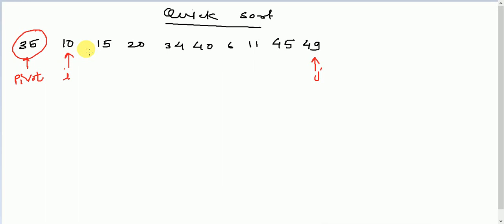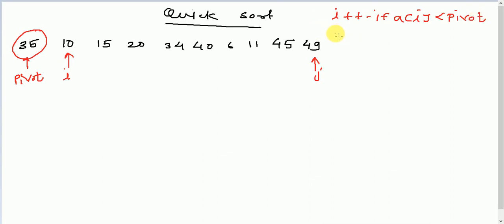Now what am I supposed to do? If an element is smaller than 35, then I will proceed further. I will increment i, i plus plus, if A of i is smaller than pivot, because I am going to pass the elements which are smaller than my pivot element.